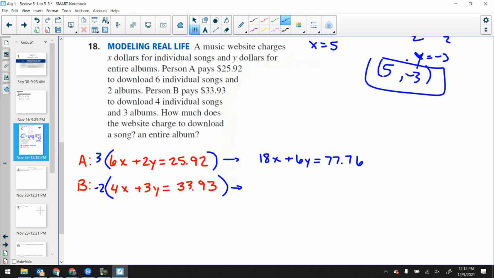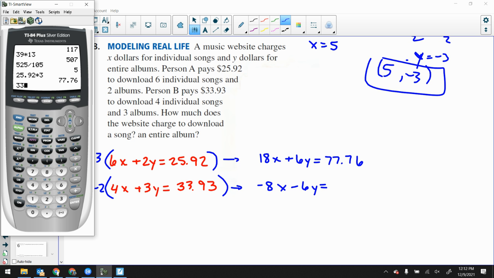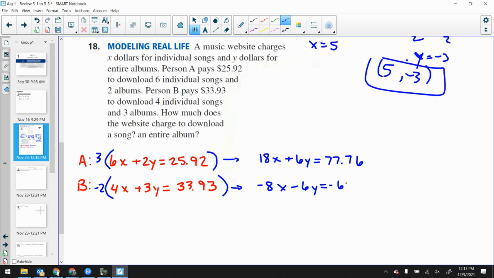Now down here, negative 8x minus 6y, and we've got 33.93 times negative 2, which ends up being negative, I forgot the decimal point, so that's negative 67.86. Now we add. 18 and negative 8 make 10.